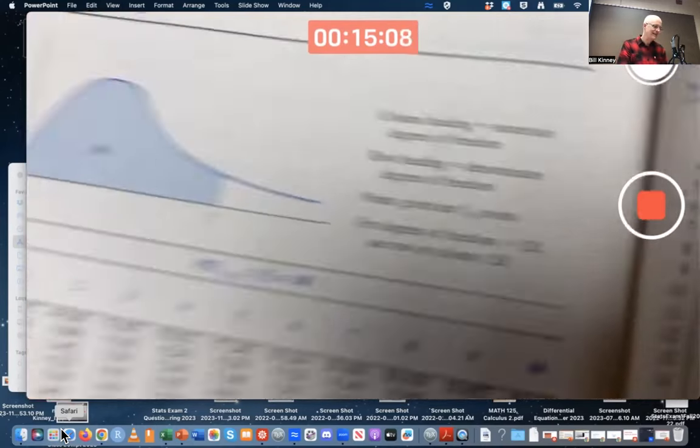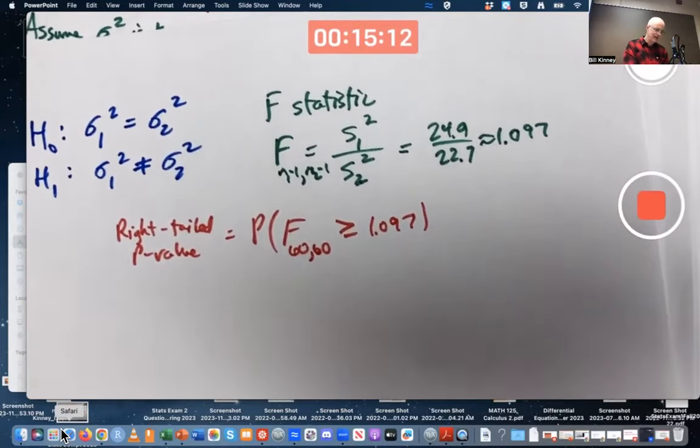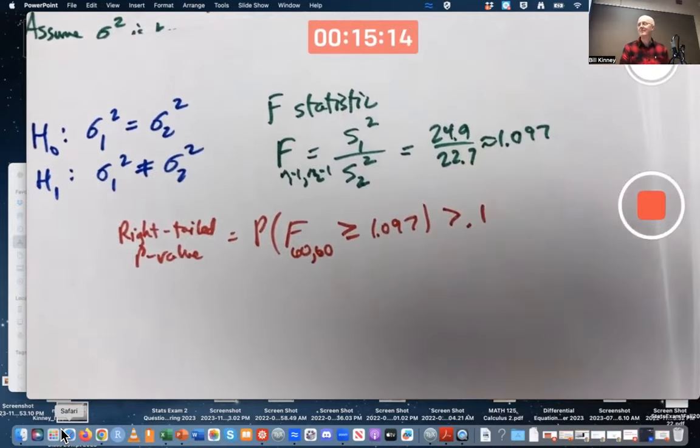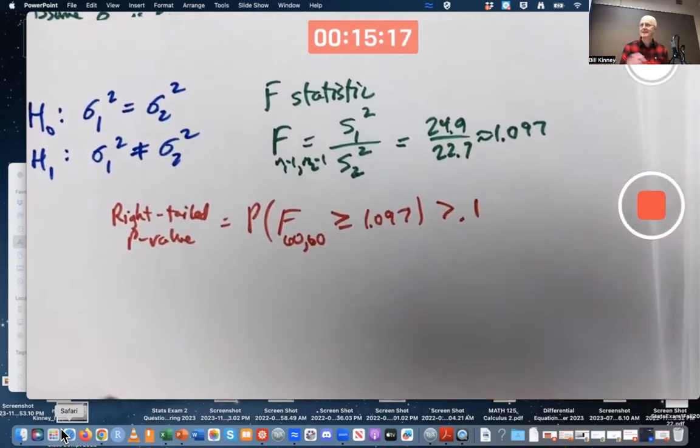That's a lot of work to say that this one-tailed p-value is bigger than 0.1 because it's an area to the right. Should we say the two-tailed p-value then is bigger than 0.2?